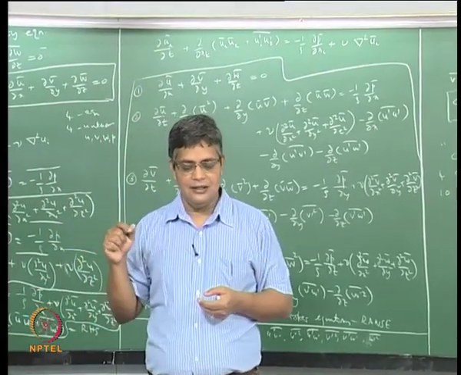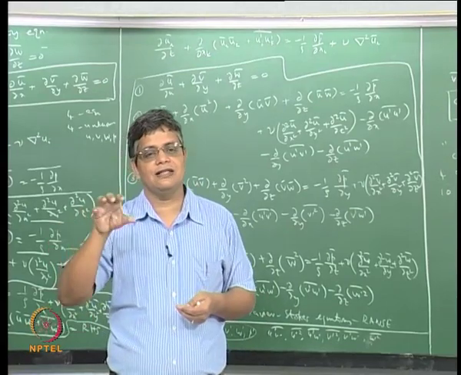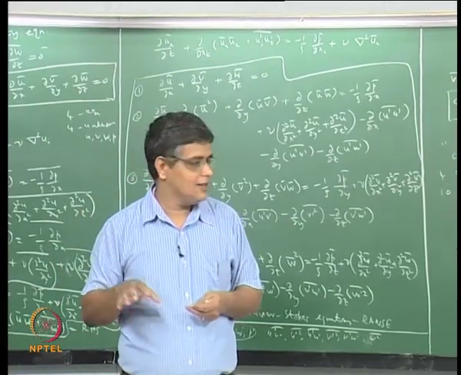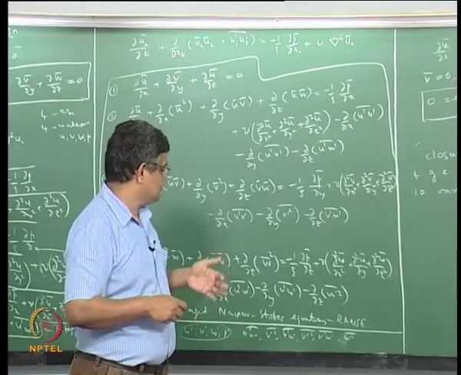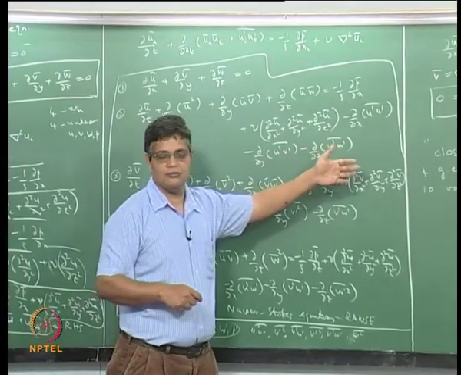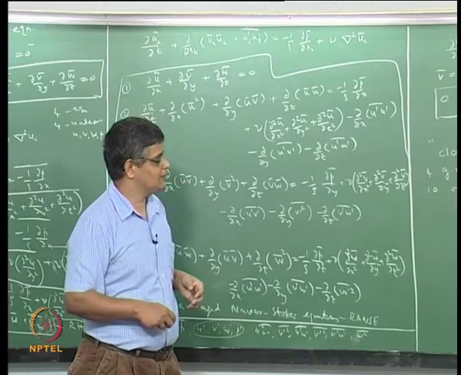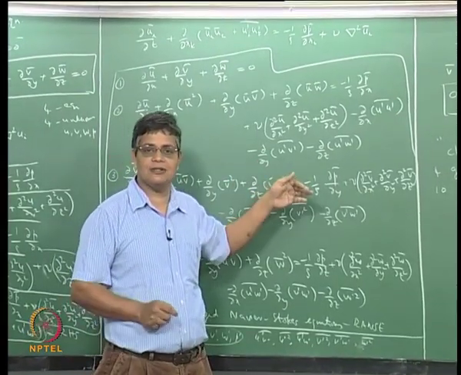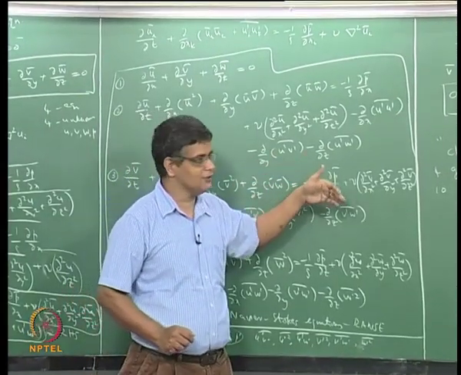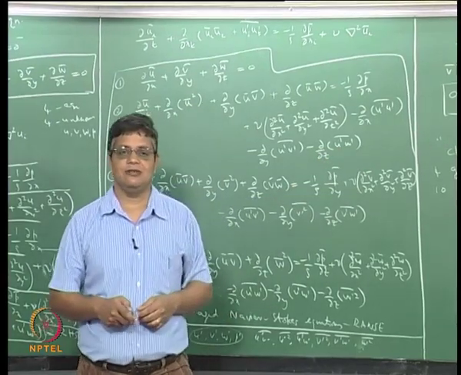Similarly, if we want to close this problem and have an equal number of variables as equations, we have to make further assumptions, and only under those assumptions will these equations be valid.